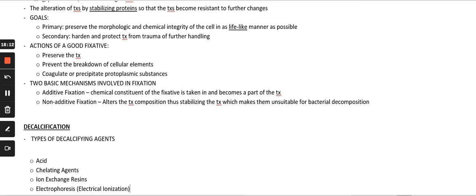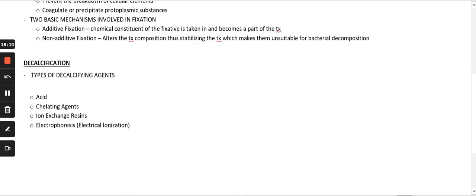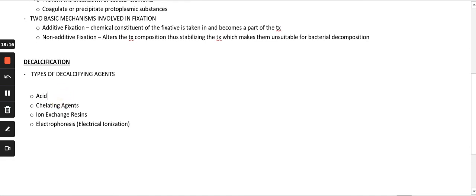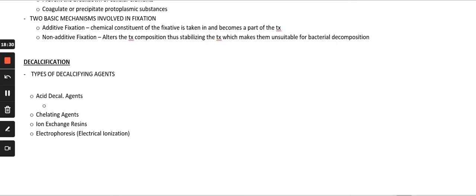Okay, now for our different types of decalcifying agents, guys, I want you to know the acid decal agents. So number one on the list, we have 5 to 10% nitric acid.